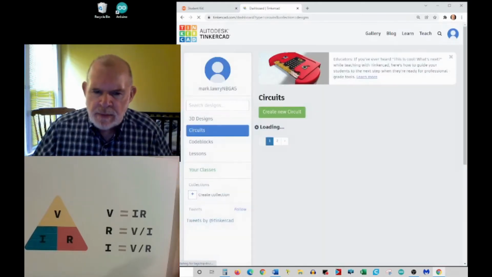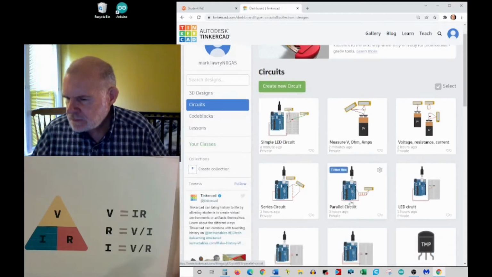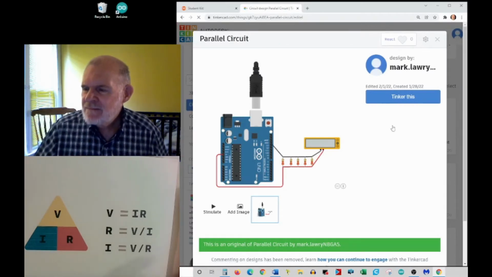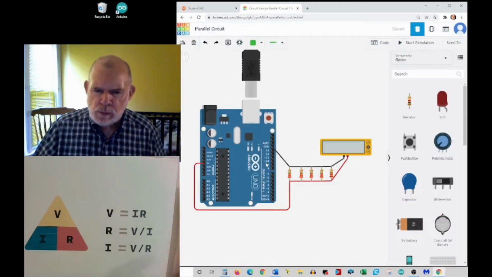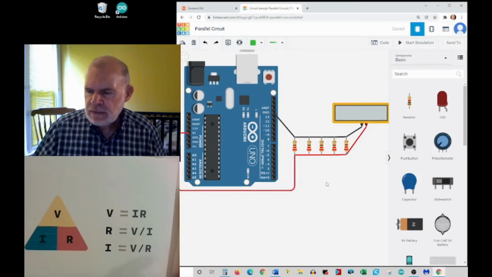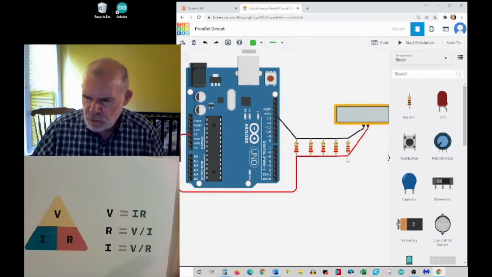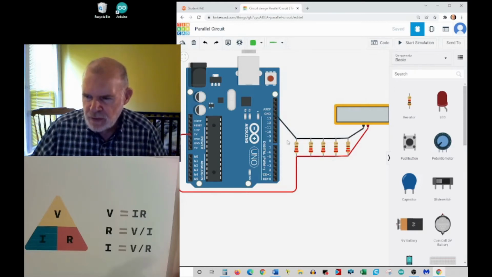So let me bring up another one where I had a parallel circuit. In this case I have 5 resistors, and notice the plus voltage goes to one end of all of them, and the negative, the ground, they share.